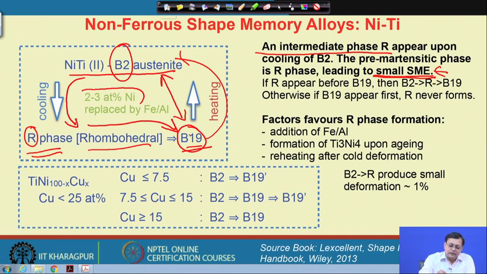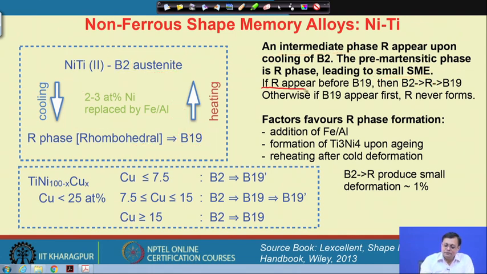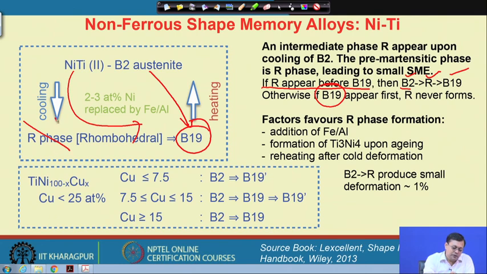Now, it has been observed that if the R phase appears before B19, means if such a sequence of transformation occurs, then the transformation goes from B2 to R to B19. Otherwise, if B19 appears first, means during any transformation, if B19 has formed, then we can simply rule out the formation of the R phase, because the R phase will never appear in the microstructure.